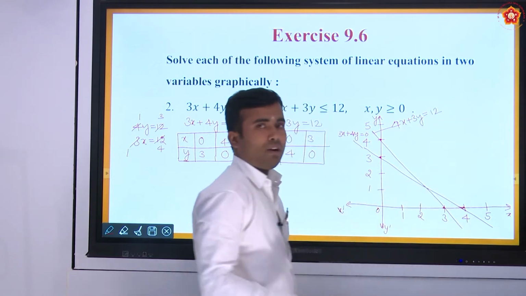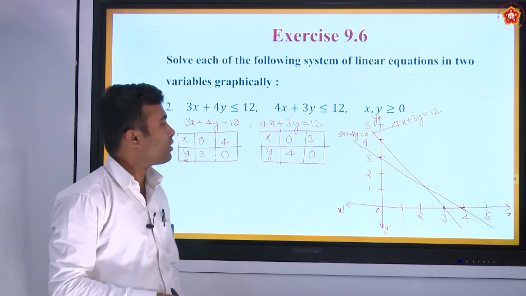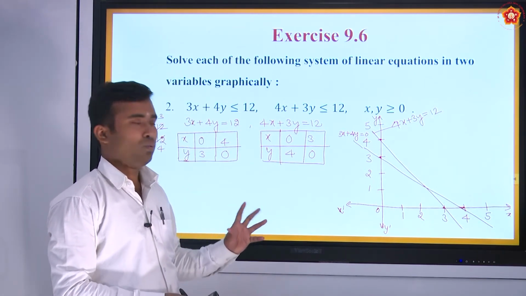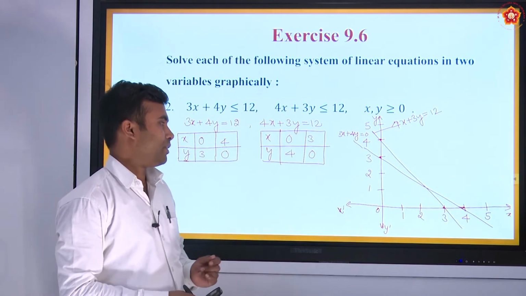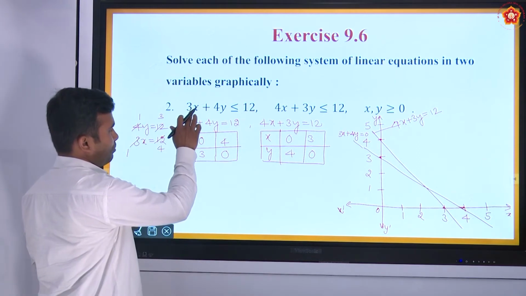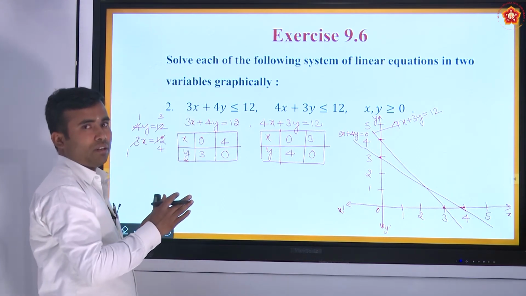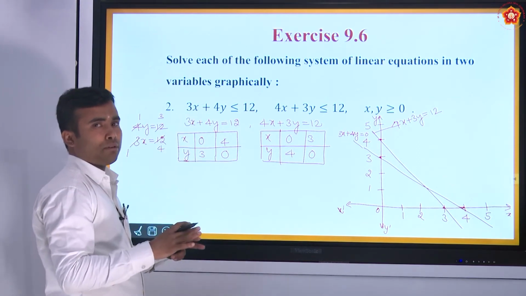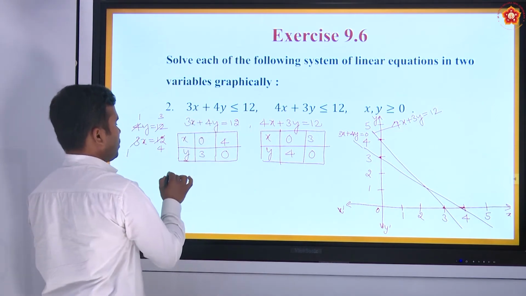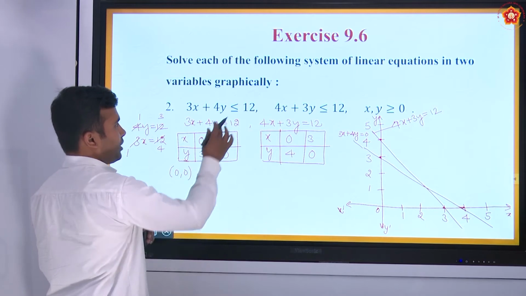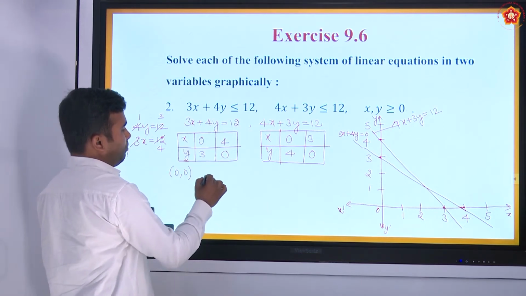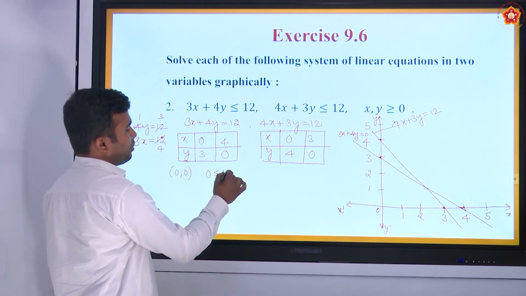Now let us find the common region, the solution region, which is common to these two lines. For that, I am going to take an arbitrary point, preferably the origin. If I put 0 in the given inequality, it becomes 0 is less than or equal to 12.